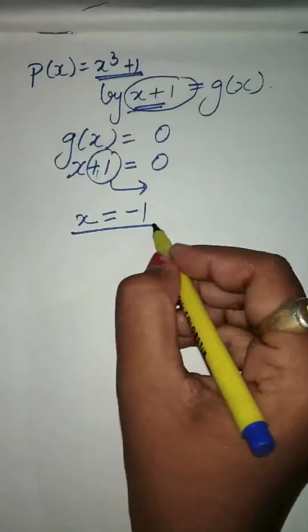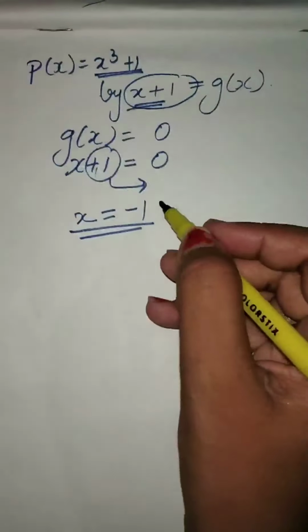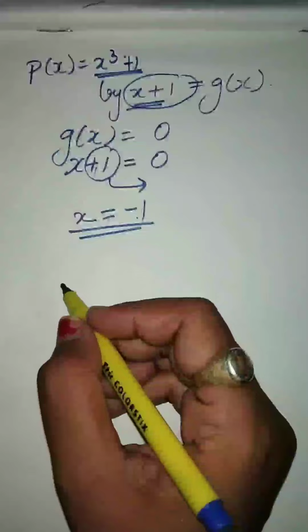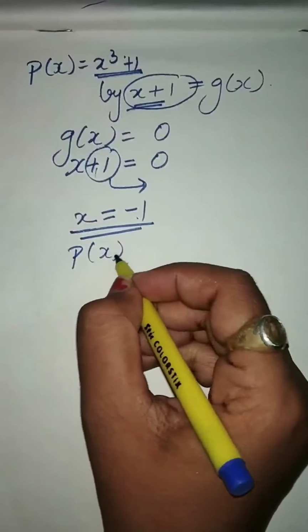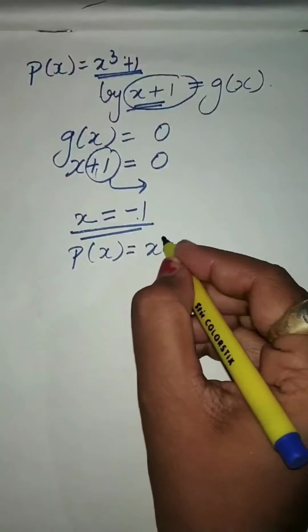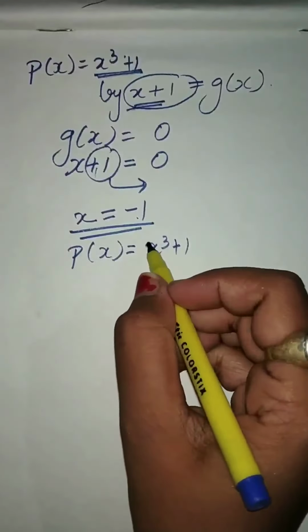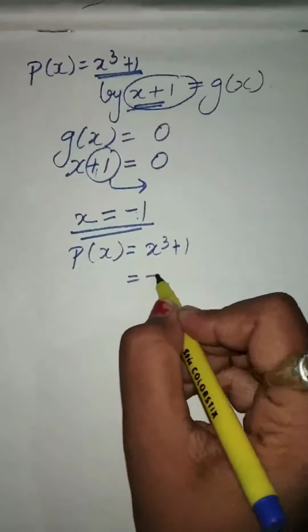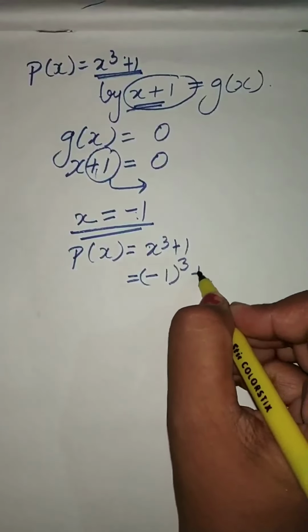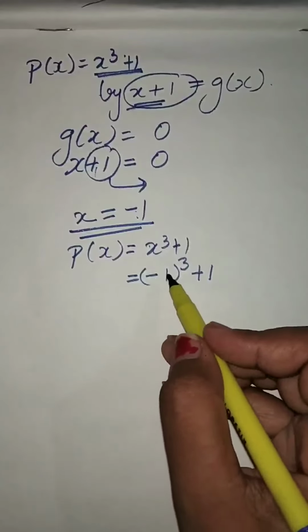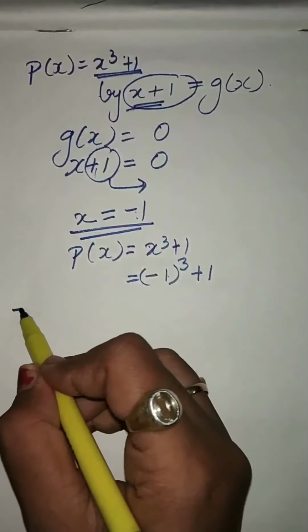Put this value in the expression which we have to divide. P of x is equal to x cube plus 1, it was given. Write the value of x, whatever we have got. x we have as minus 1, and its cube, plus 1. What does this mean? Minus 1's cube, that means minus 1 into minus 1 into minus 1.